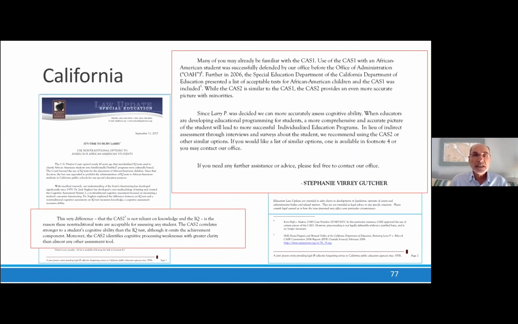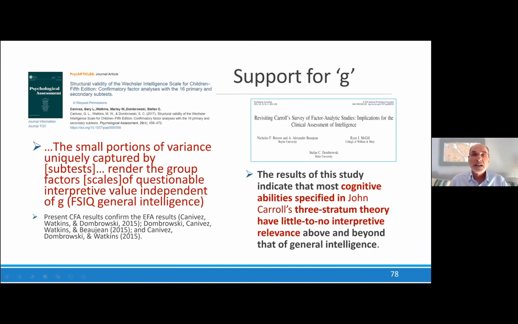Now, interestingly, in California, there was a legal opinion rendered that the CAS, because it doesn't rely on knowledge, and it's not really an IQ test, was acceptable for assessment of children in California. So again, you can read all the details on my website. Now, what about g?